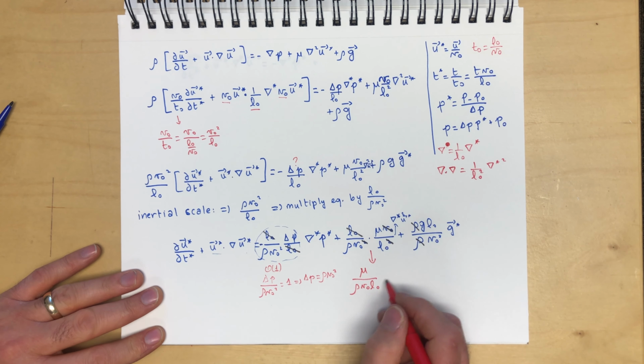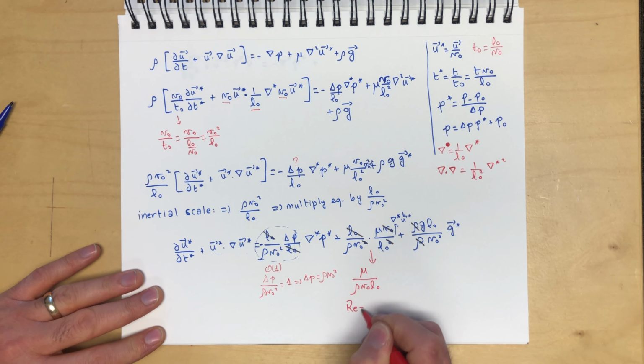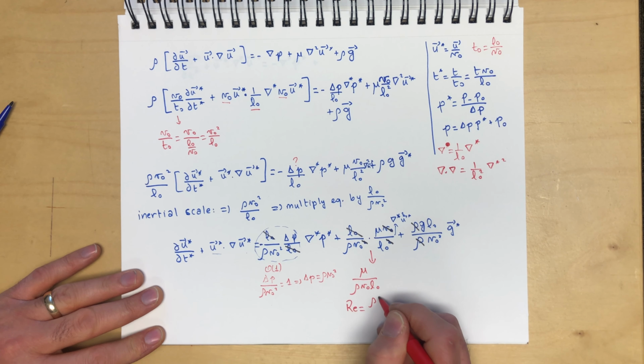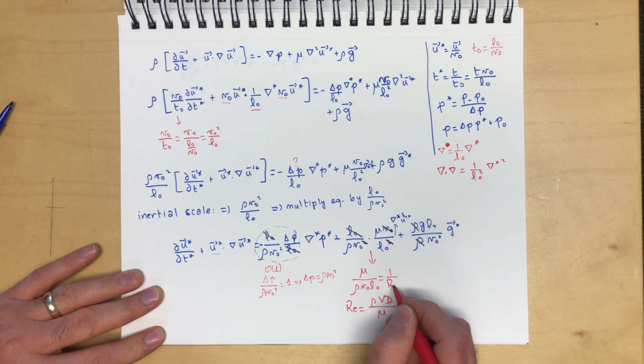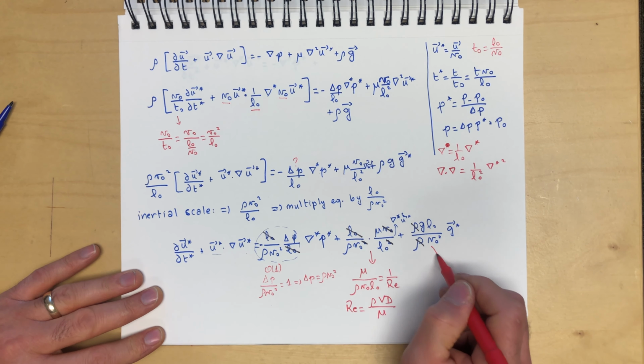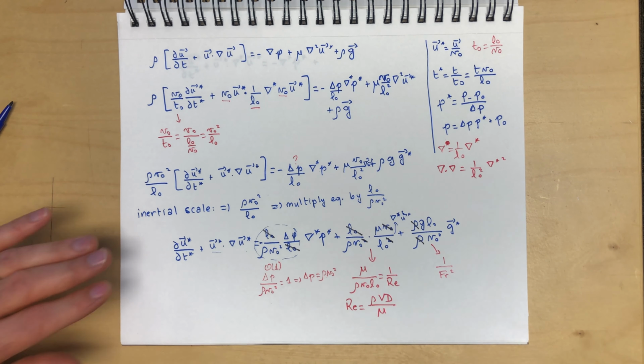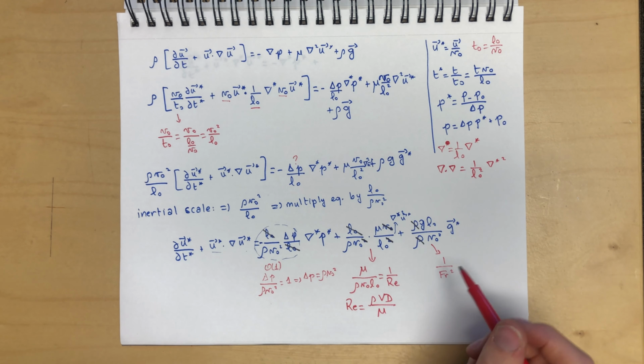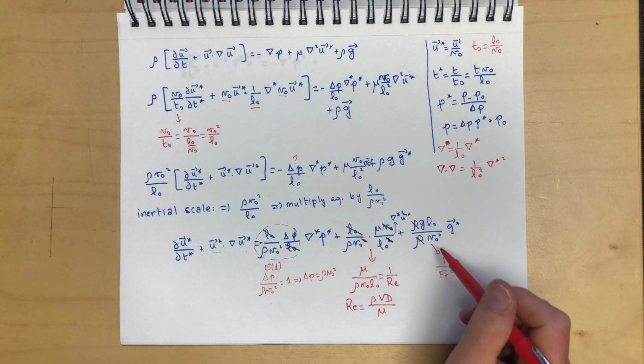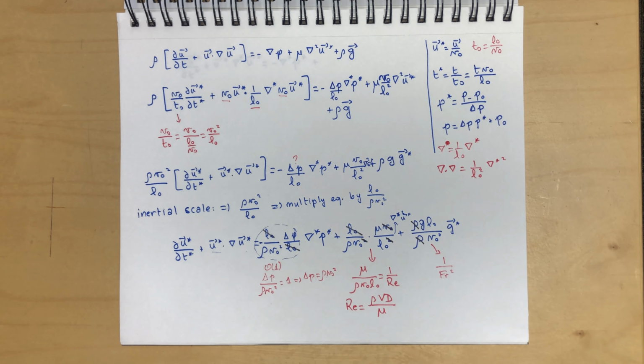Now if you remember, the Reynolds number was equal to rho V L over mu, velocity times length scale times density over viscosity. So this guy is 1 over the Reynolds number. And this guy over here is nothing more than 1 over the Froude number squared, which we have looked at earlier, where the Froude number was V0 over square root of G L0.